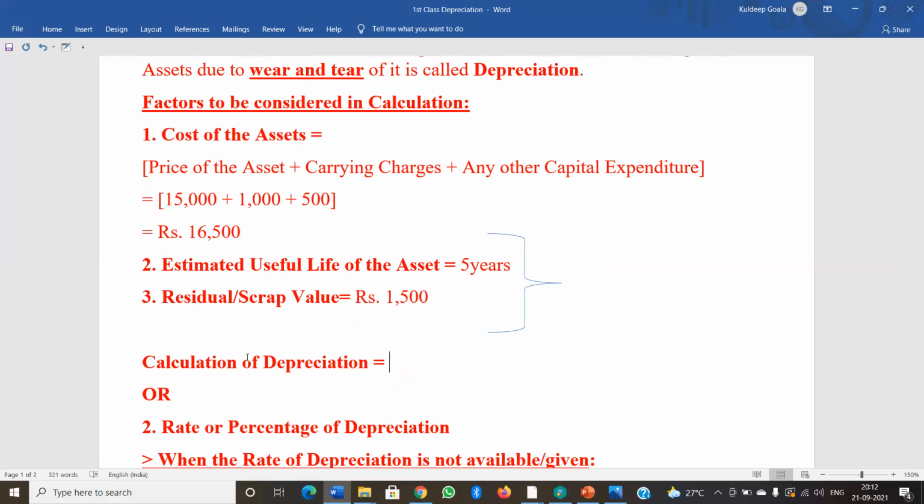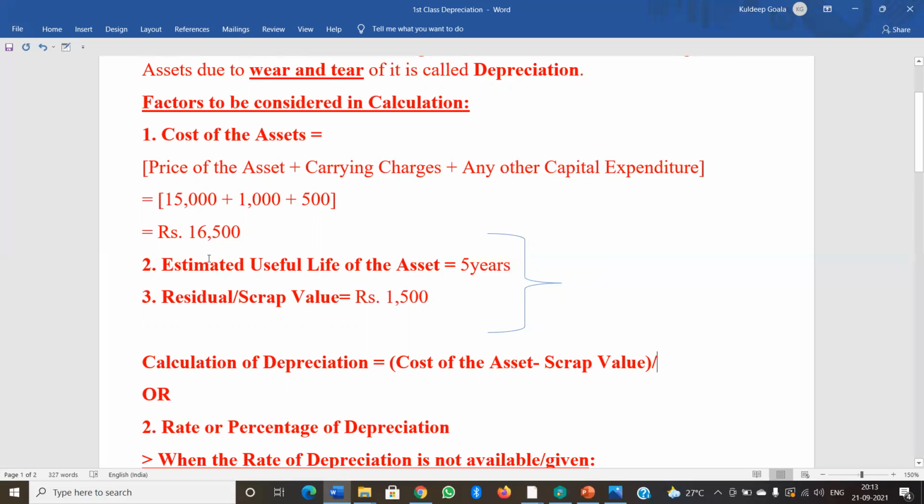Cost of the asset minus scrap value, whole thing divided by estimated life of the asset.